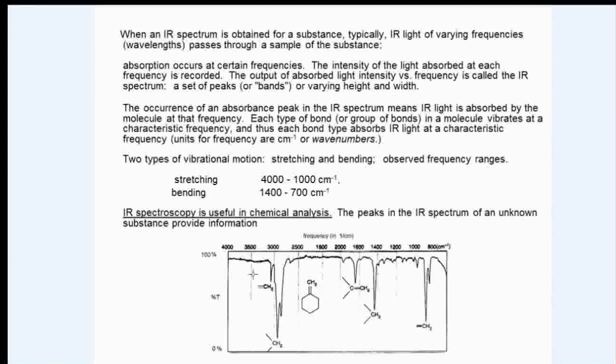I beg your pardon, there are 5 peaks. And under each of these peaks is a basic structural unit. That basic structural unit that's indicated there causes that peak to appear.